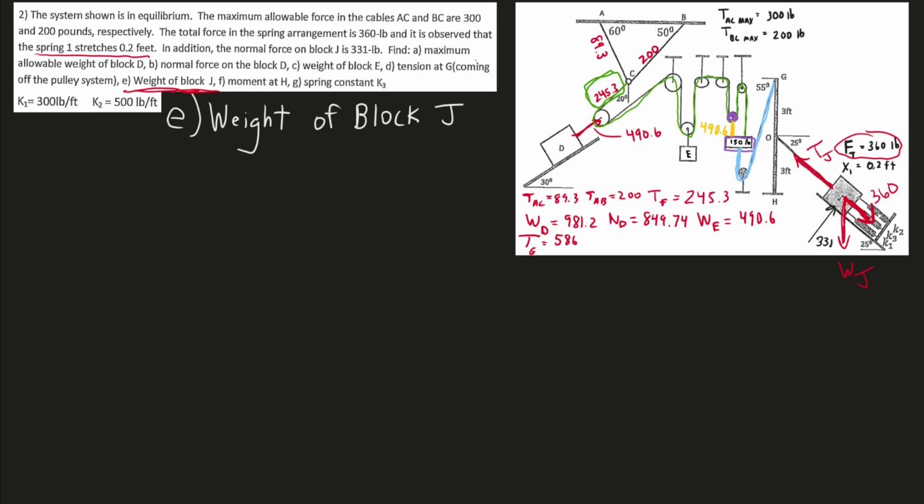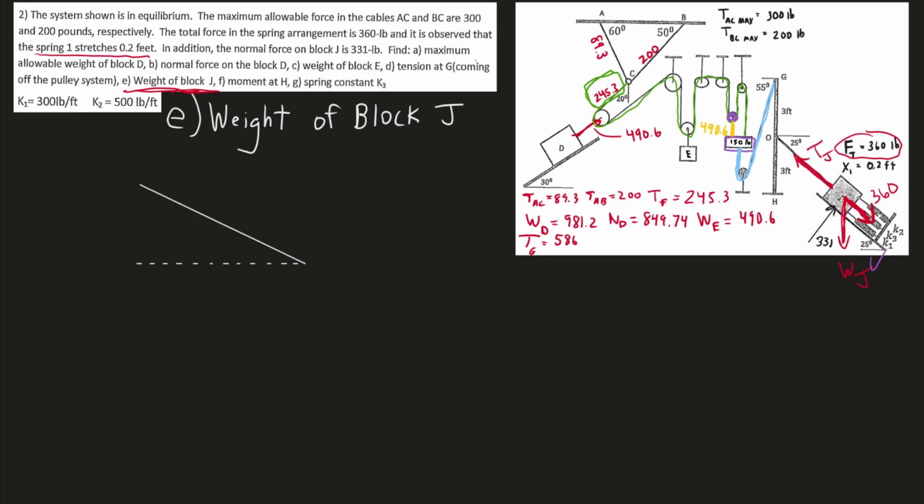And I think that's everything that's touching that block J, which means we only have two unknowns here, and I have two equations with which to analyze this block. I have sum of the forces in the x is equal to 0, and sum of the forces in y. So with two equations, we can solve for our two unknowns. So writing out all the FBD equations and everything is worthwhile here. We'll actually be able to calculate these numbers.